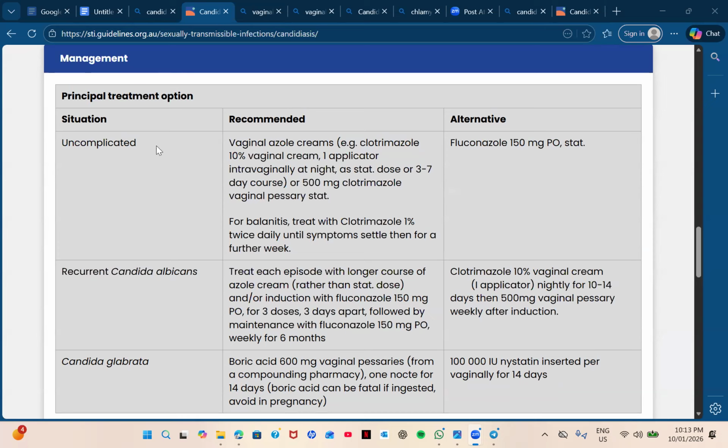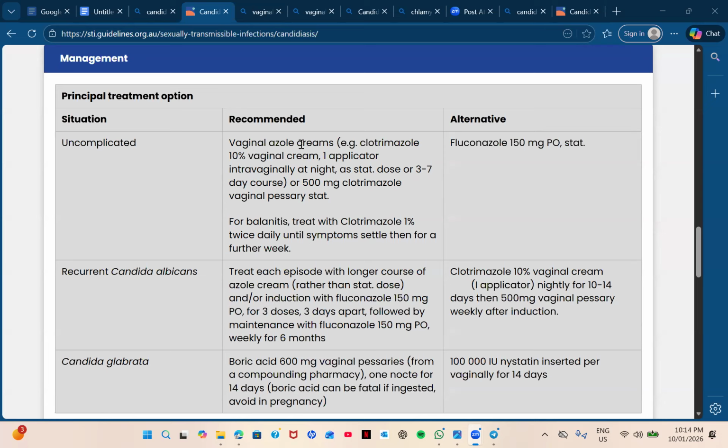We can think of examples like the first episode. In that case, the recommended treatment is vaginal azole creams. For example, clotrimazole 10% vaginal cream intravaginally at night as a stat dose or a 3 to 7 day course. So we can give it as a stat dose or a 3 to 7 day course.